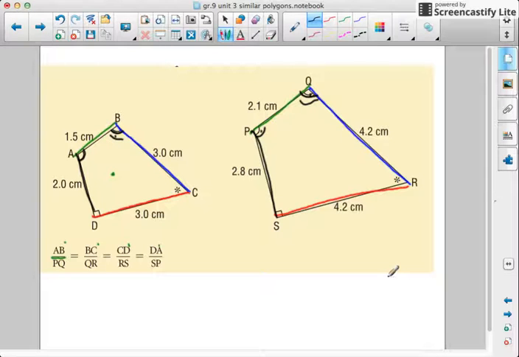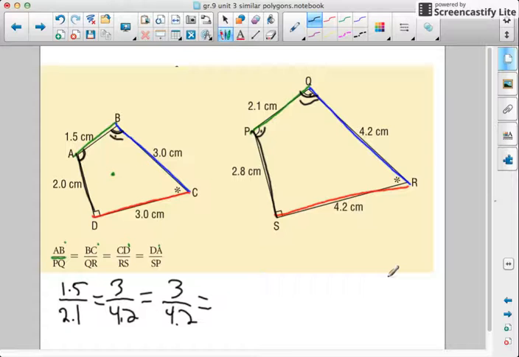So we could actually put numbers in for this if we wanted to check it. So AB is 1.5 over PQ 2.1. That has to equal BC, which is 3, divided by QR, which is 4.2, which has to be the same as CD, which is 3 over another 4.2.